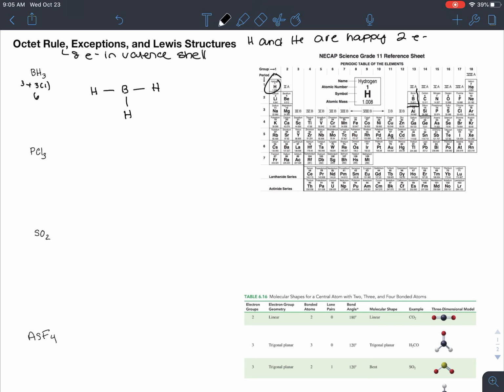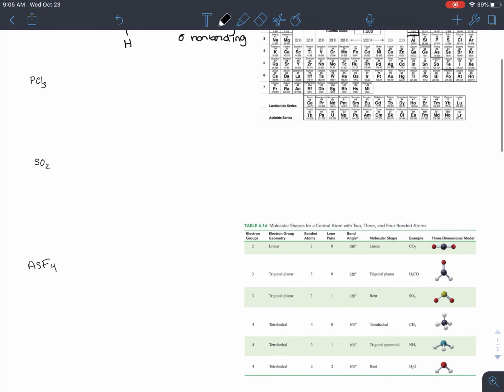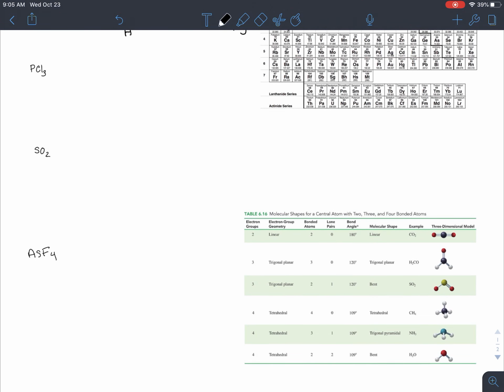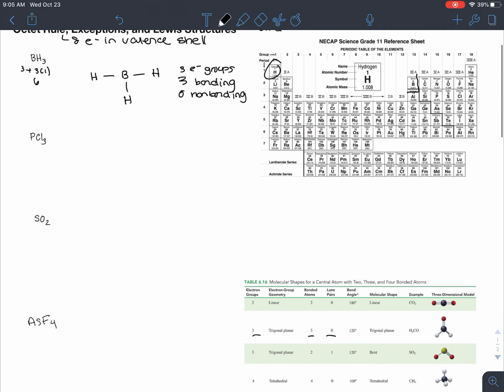So now let's look at the shape. I have 1, 2, 3 electron groups, 3 bonding groups, and 0 non-bonding. So my molecular shape, if I look down here, is 3 bonding, 0 non-bonding: trigonal planar.